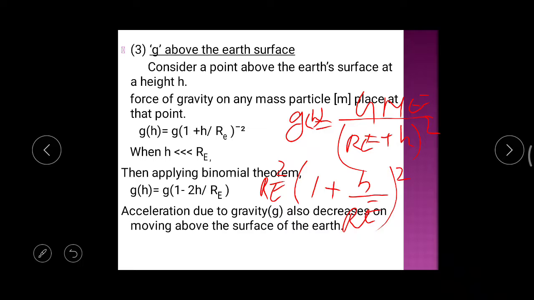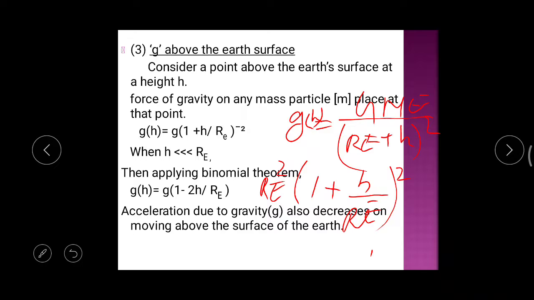Actually this term is in the denominator portion. So this (1 + h by R_E) the whole square, as it is taken to the numerator, will become (1 + h by R_E) raised to minus 2. Then it will become 1 minus 2h by R_E.